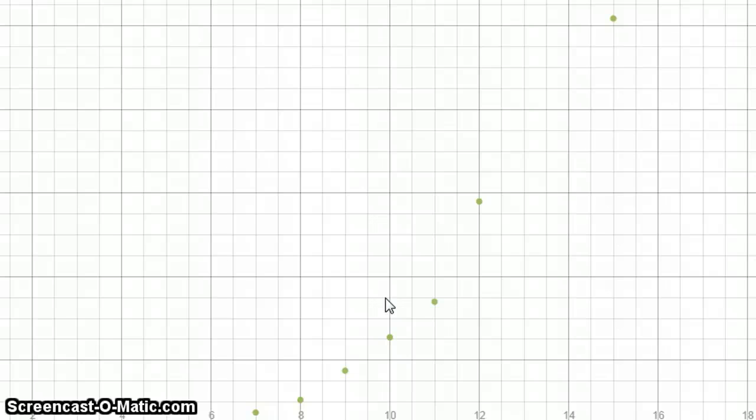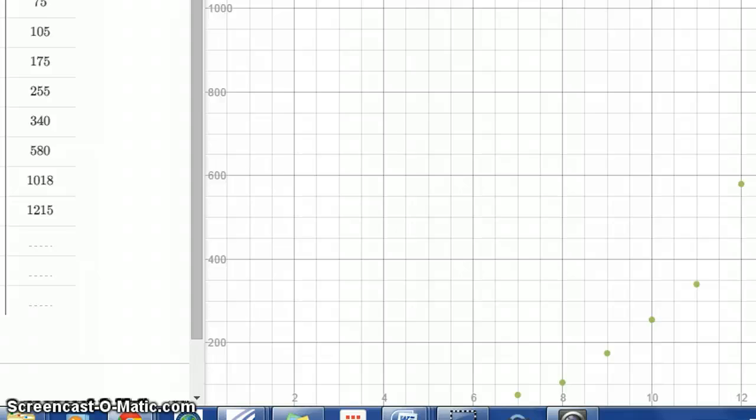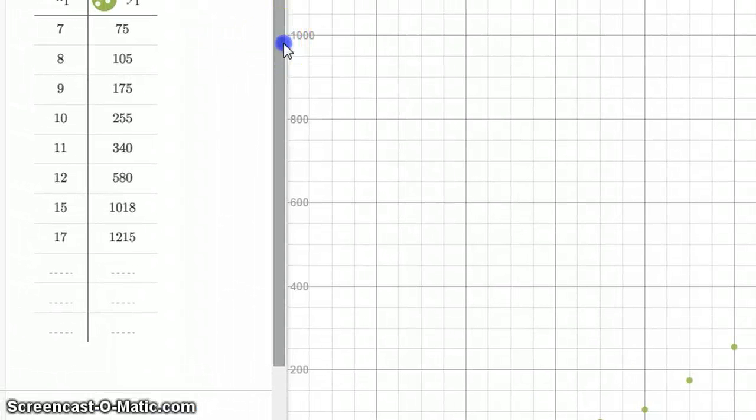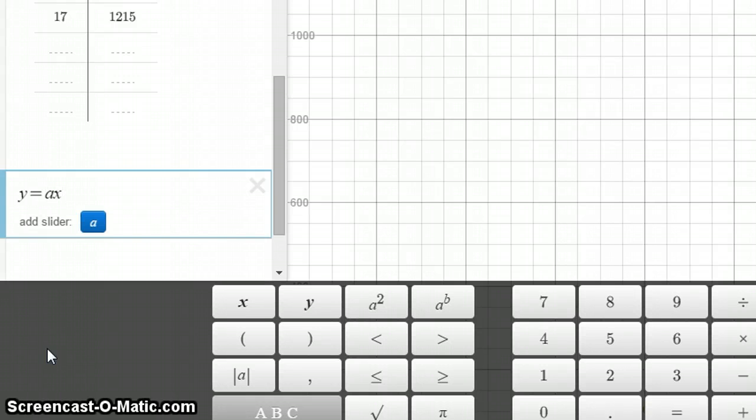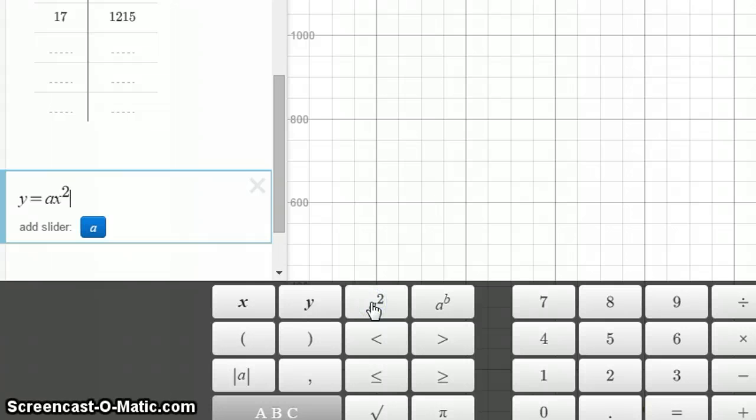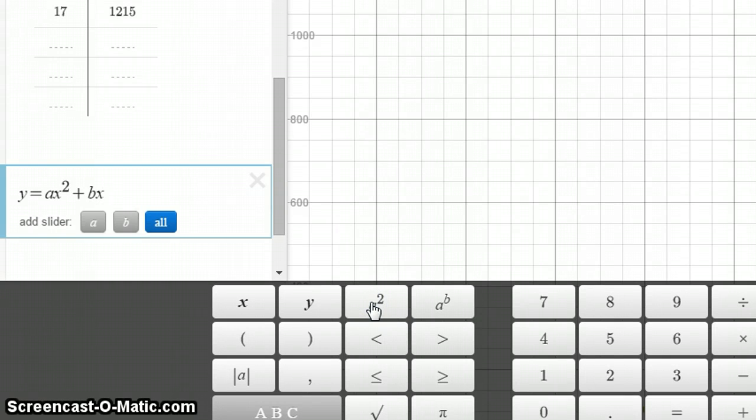Now I'm supposed to fit a quadratic model to this, and there are 2 ways I can do that. Okay, here's the first way. Put in the standard form of a quadratic equation. Okay, and it'll say, should I add the sliders?